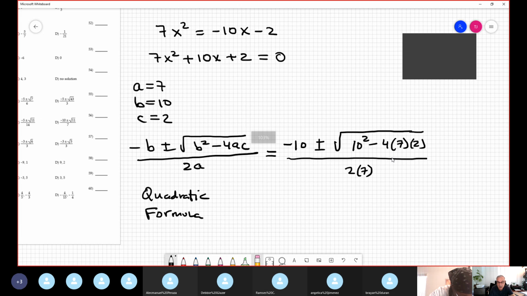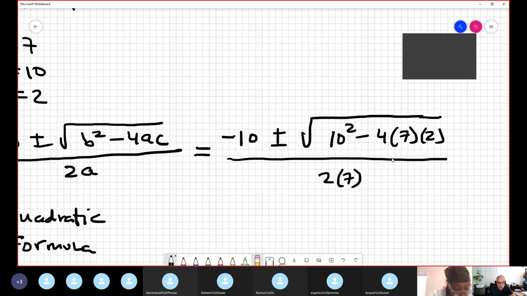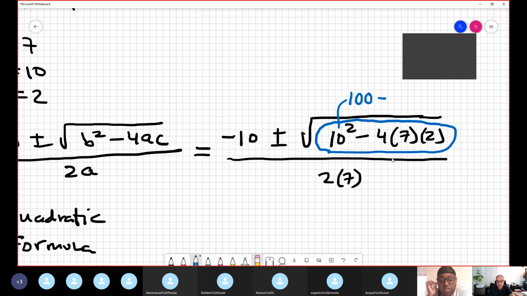This expression is 100 minus 56. And 100 minus 56 is, Yasmin? 44. And what about the square root of 44?